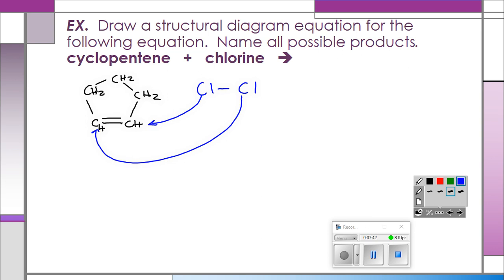And the thing that's different here is that instead of just getting a plain old alkane, I'm going to have an alkane with halogen side groups, so I'm going to have to name them. So what will I have?